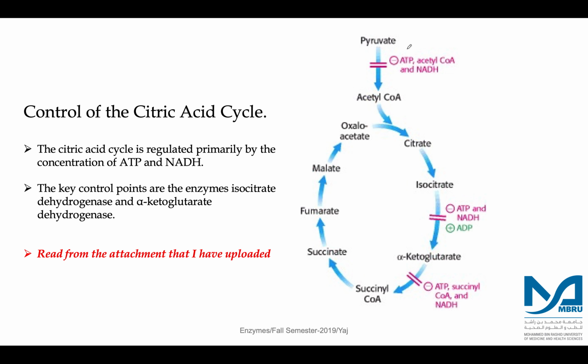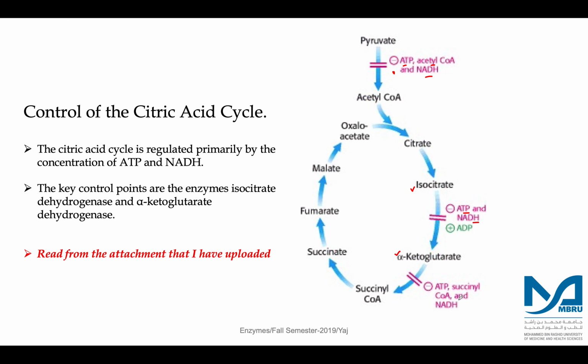So if I have increased ATP, increased acetyl-coenzyme A, and increased NADH, the pyruvate dehydrogenase complex is inhibited. Similarly, conditions such as increased ATP, increased NADH will also inhibit isocitrate dehydrogenase, which catalyzes the conversion of isocitrate to alpha-ketoglutarate.